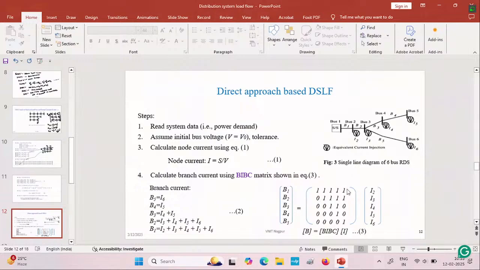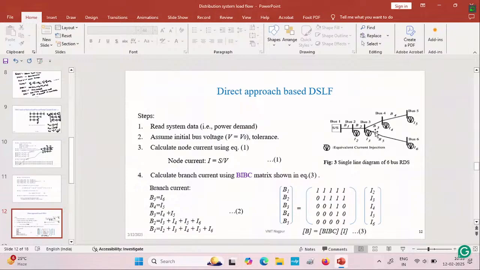So we formulate it in terms of a matrix. Similarly, for the branch current at node B2, we may see that I2 is not there, so the value for I2 is written as 0.